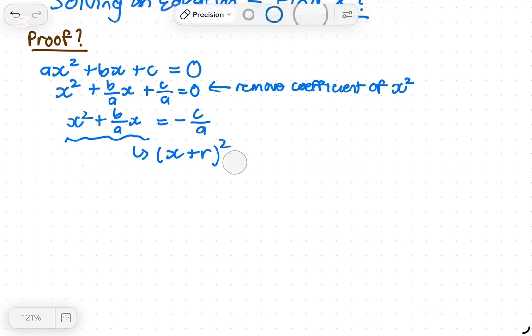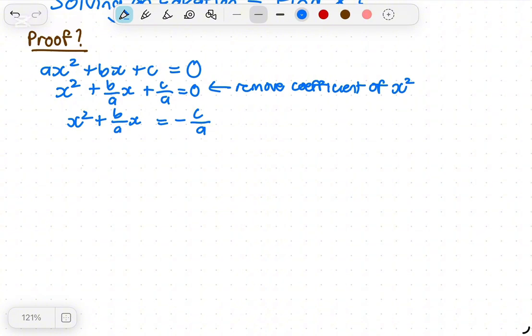So from there, we will turn x squared plus b over a x into x squared plus b over a x plus b over 2a squared. And remember, when we add something to the left hand side, we also need to subtract it from the right hand side.